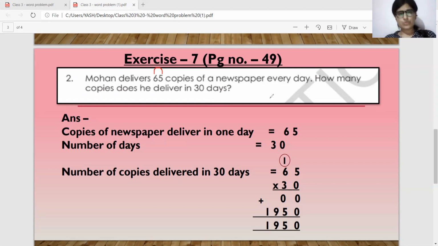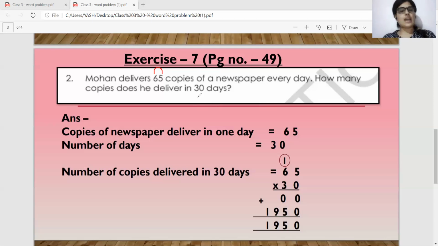So what are you doing here? You are just writing 65, 65, 65, which means addition. One day 65, another day plus 65, another day plus 65. So instead of writing 65 plus 65 plus 65 plus 65, you can also do it like this: 65 times how many days we need to find out? 30.